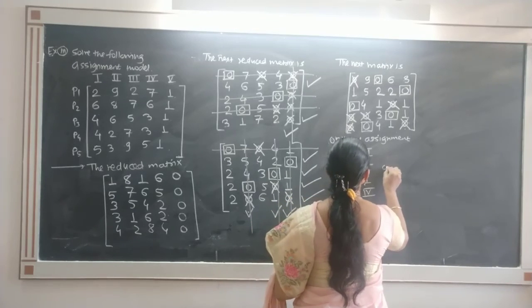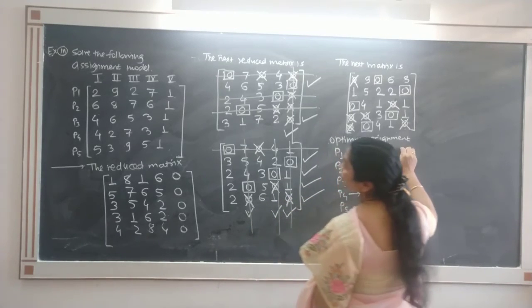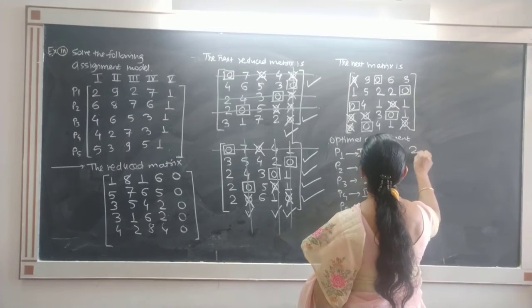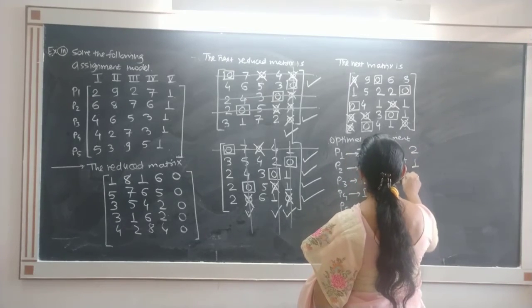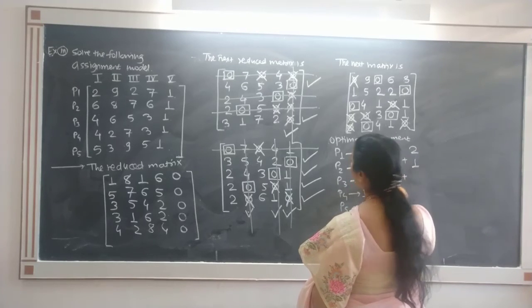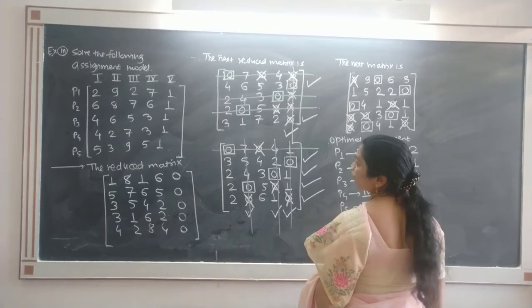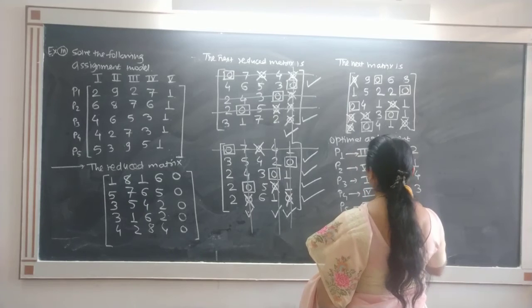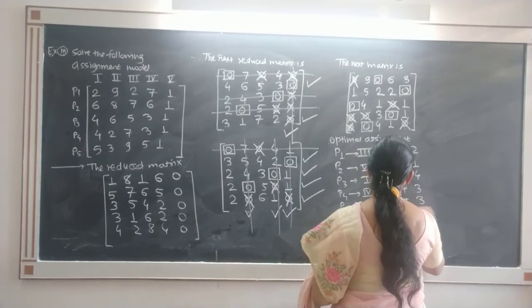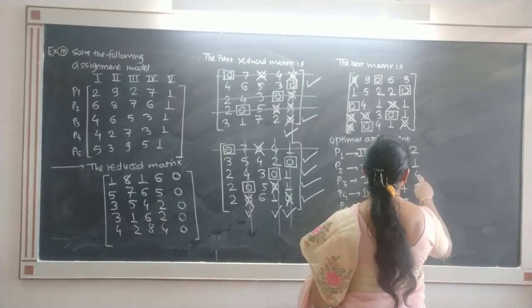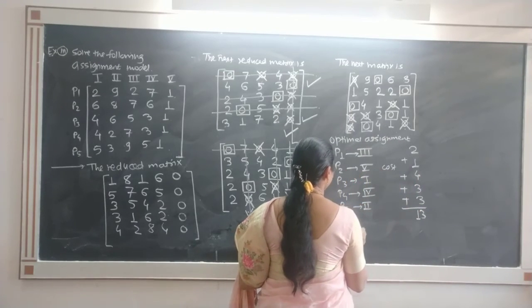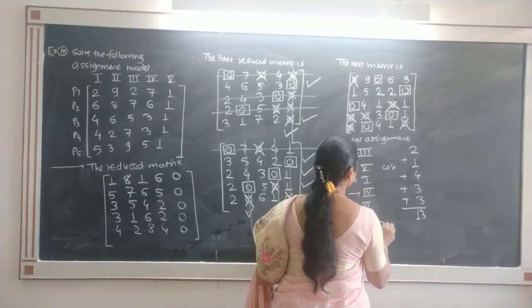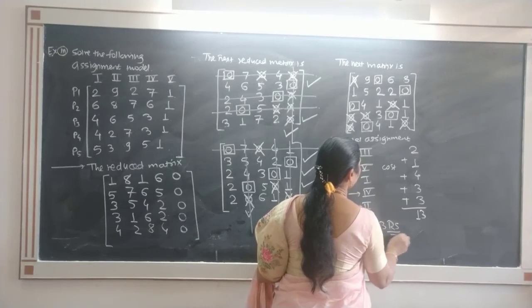The cost comes to be, for third it is 2, for fifth 1, for first 4, for fourth 3, and for second the cost is 3. The total is 13. So the cost comes to be 13 rupees.